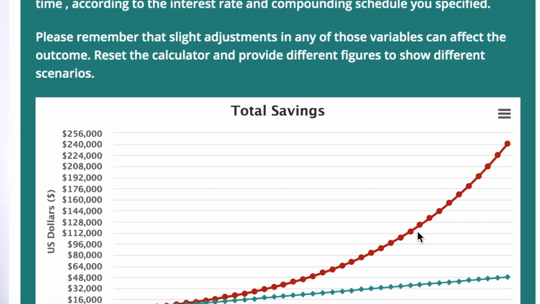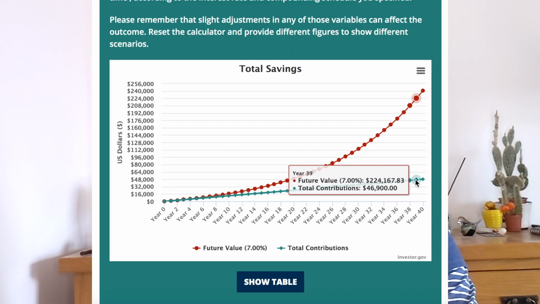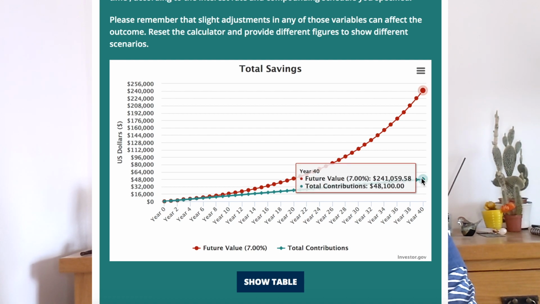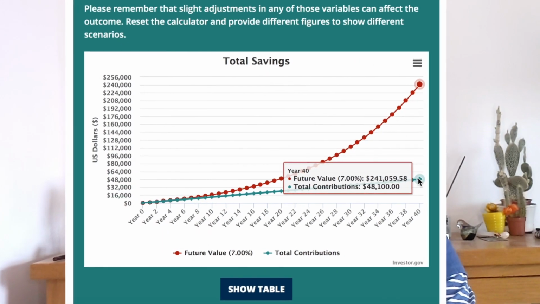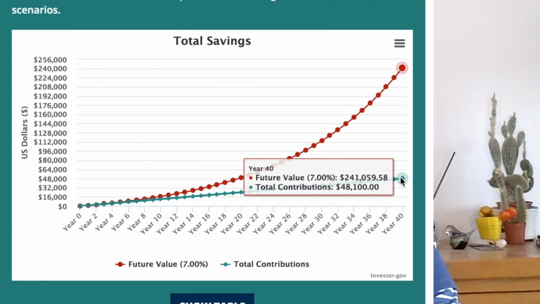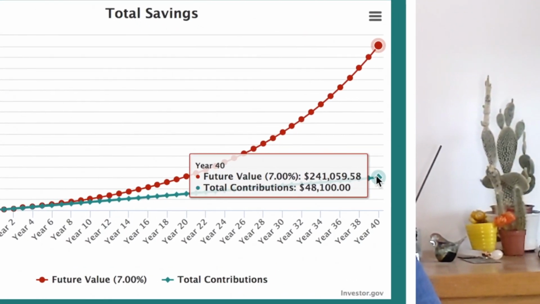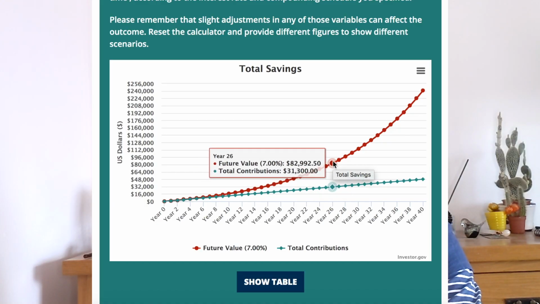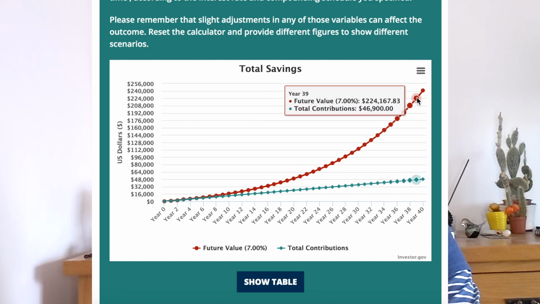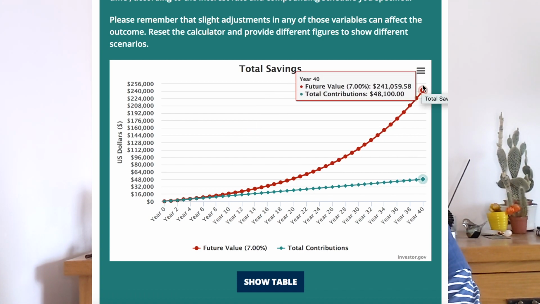This is something that I really like, because the green line shows you the value of your total contributions. So only $100 per month at the end of the 40-year period will bring you $48,000. And the red line is the future value that includes your interest and your return. So you see how big a difference it is at the end.